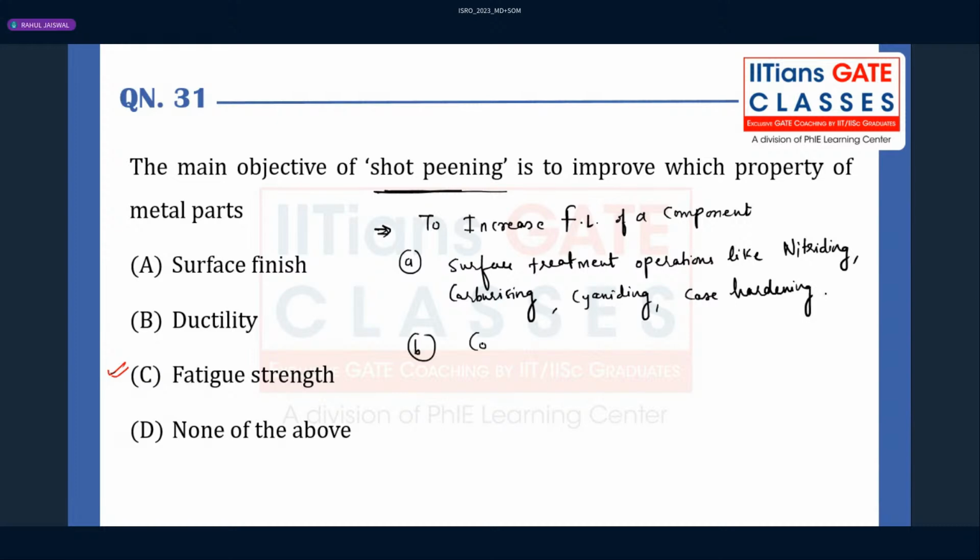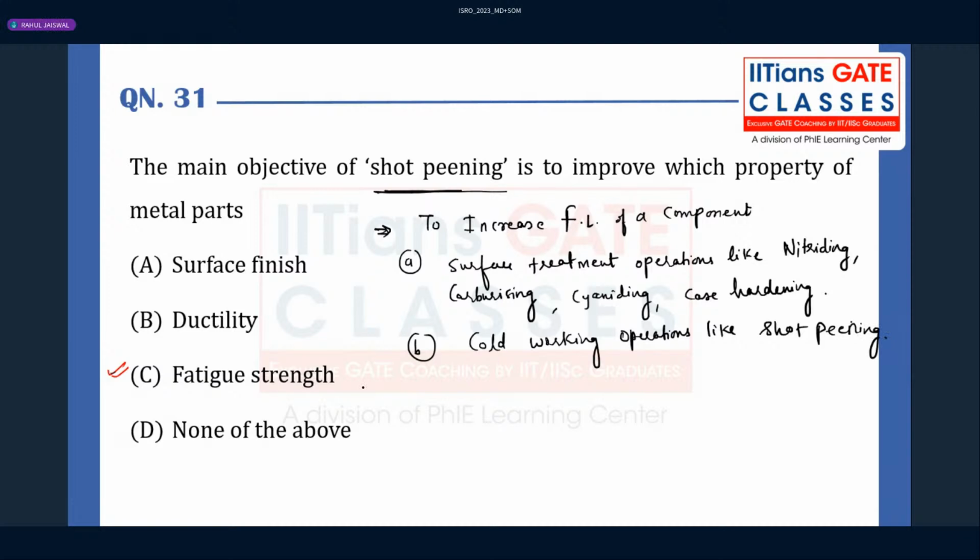Then we have cold working operations. Note down. Cold working operations like shot peening.